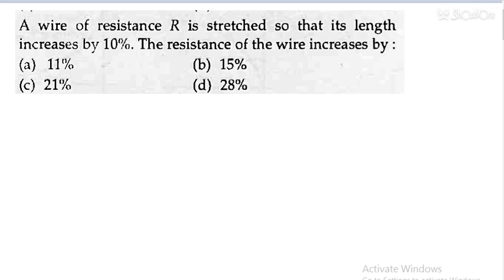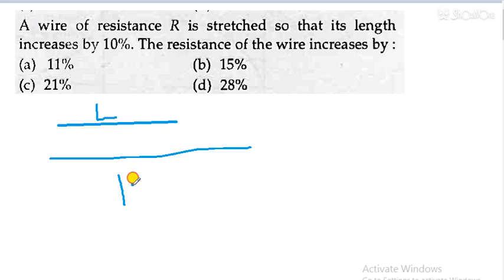When he gives 10% something value, then simply take, when 10% increase he says, let's take it as L, and the new length will be 1.1 L. So 10% means changing the length by 10%, so it will be 1.1. You can simply check it also.